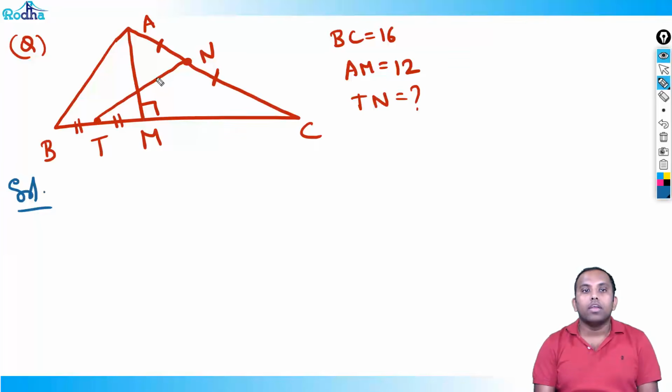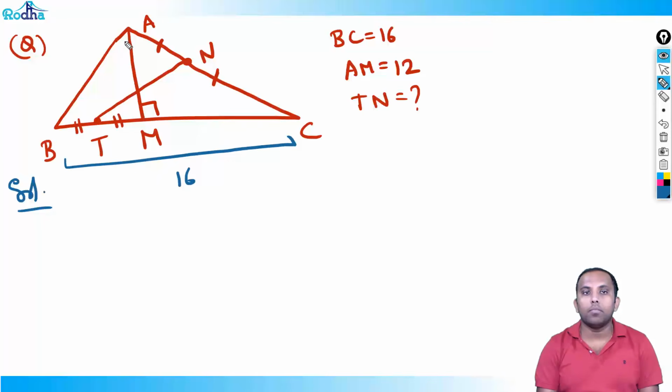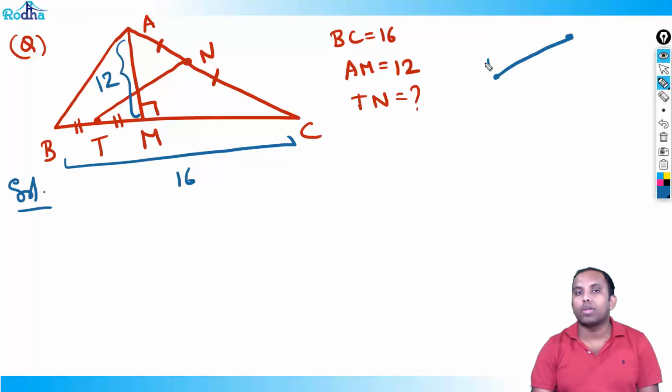So see, this is the diagram here. BC is given as 16, and AM is given as 12. Now from T to N, T is the midpoint of BM, N is the midpoint of AC. Again, this concept will come: I have to find the length of a line which is neither horizontal nor vertical.